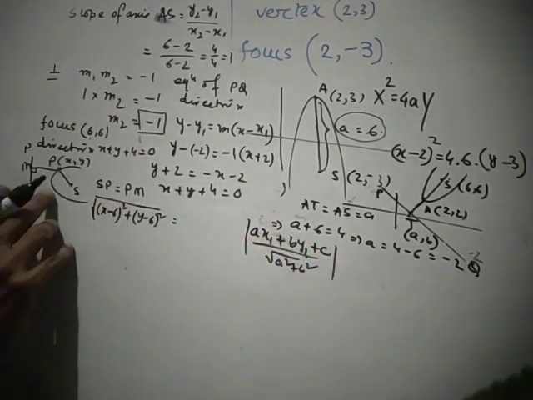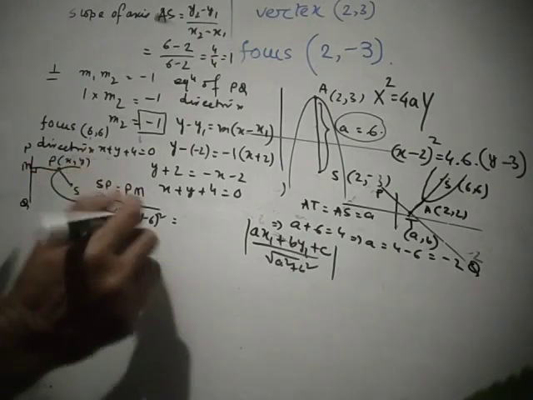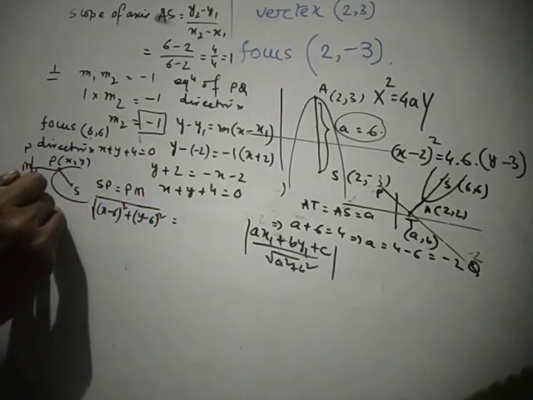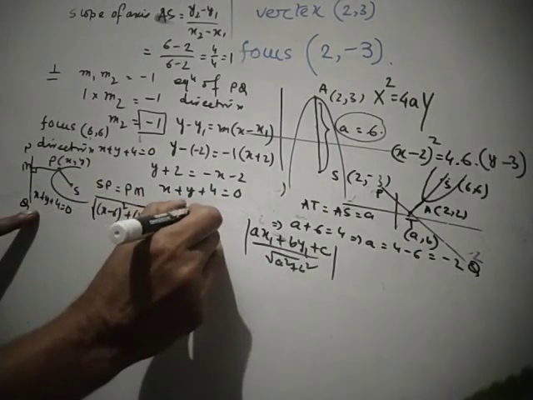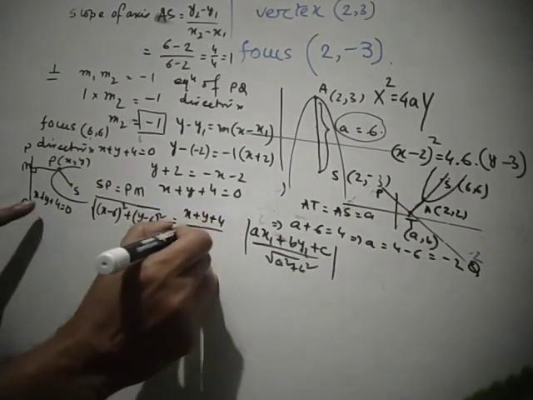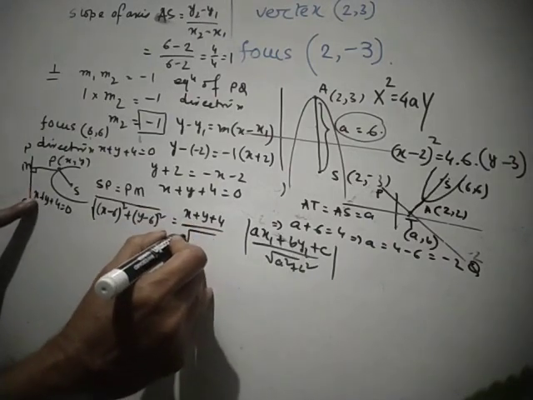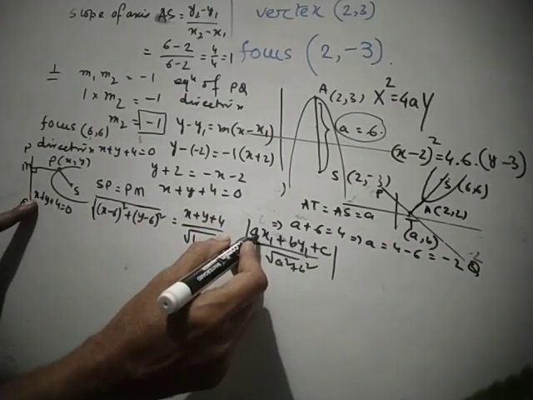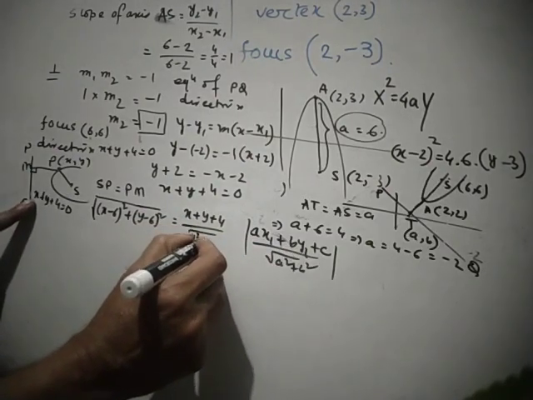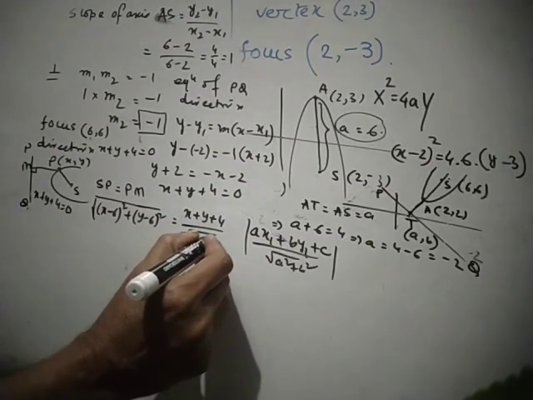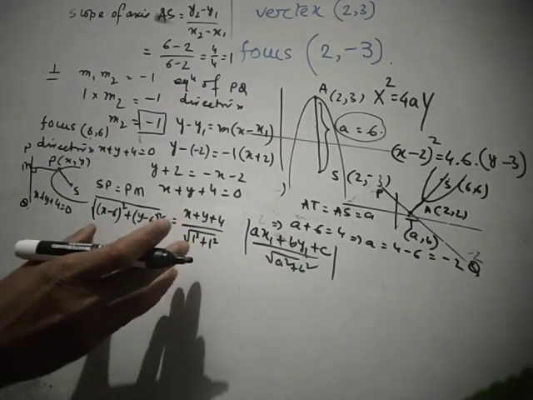If we apply this formula here for finding PM, the equation we know is x plus y plus 4 equals 0. On this line it will be x plus y plus 4 by root over 1 square plus 1 square, where a is the x coefficient and b is the y coefficient. So the x coefficient is 1, 1 square, the y coefficient is 1, 1 square. This is the equation of the parabola.